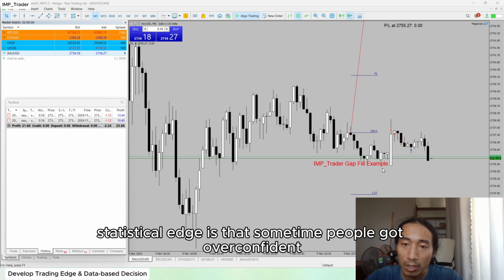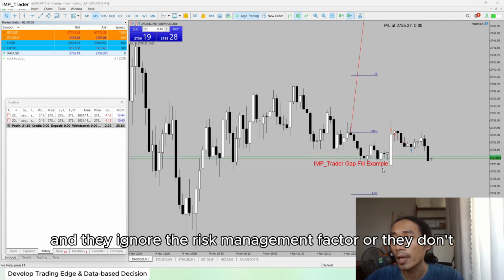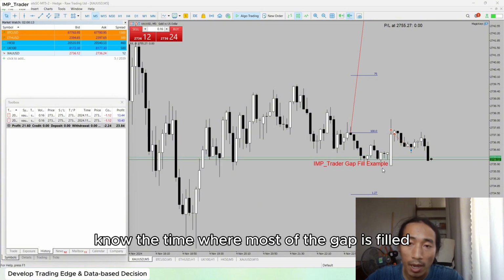And then the problem of a high probability statistical edge is that sometimes people get overconfident and they ignore the risk management factor, or they don't know the time when most of the gaps are filled.